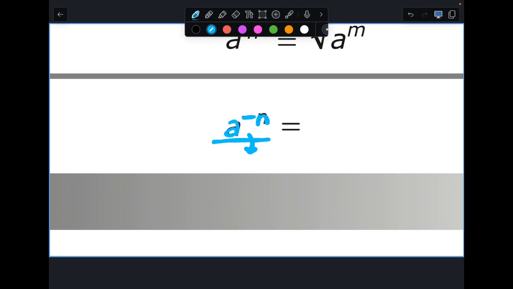So I take my a to the negative n and move it down. When I move it down, it becomes positive. And since I do not have a numerator at the top, I fill it in with what? With the number 1. Okay? That's why it looks the way it does. It looks confusing in the formula chart, but basically, flip-flop it, right?